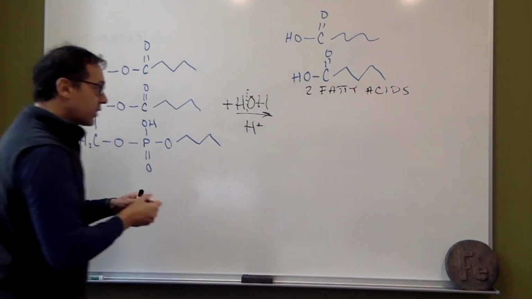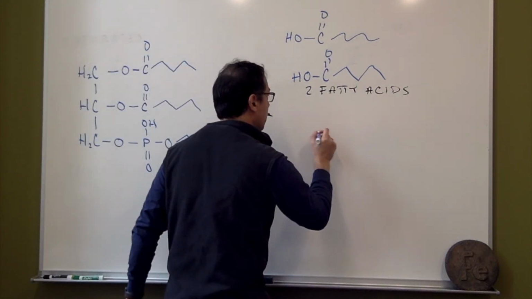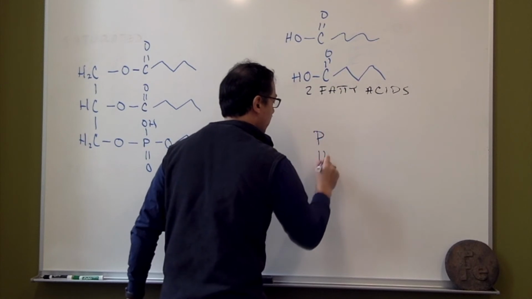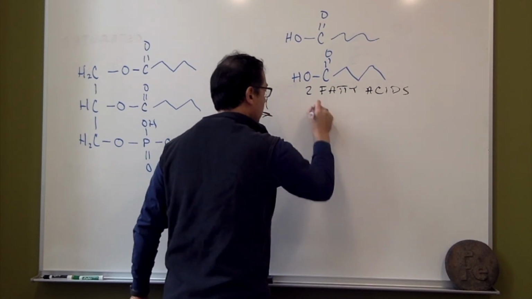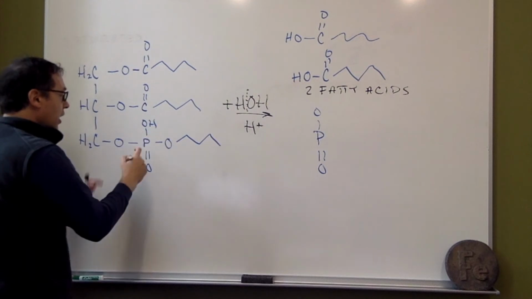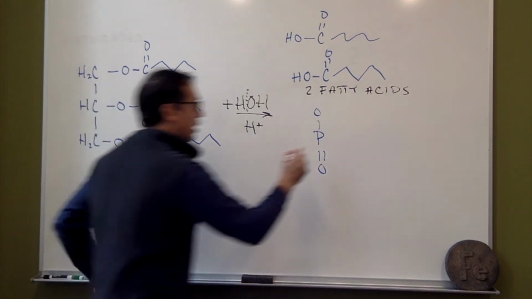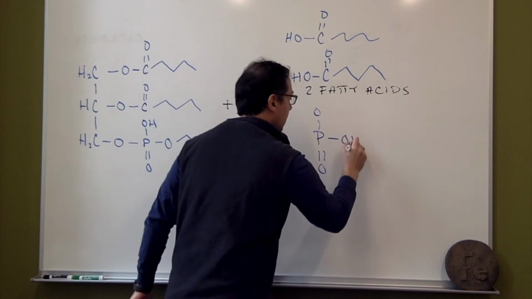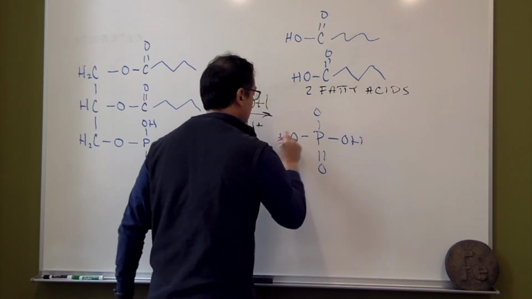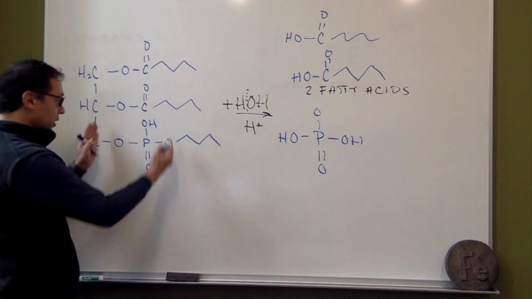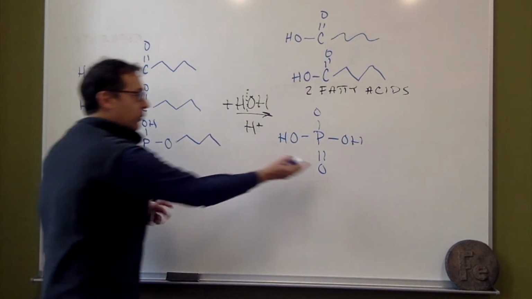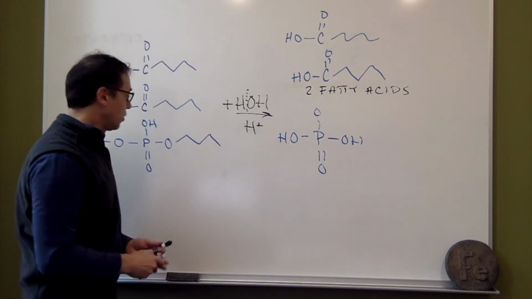So that's going to give us our phosphate, with a double bond oxygen, just like that. And then we're adding water to it, so we're going to break apart this bond here, and we'll end up with OH and OH like this. What we'll end up doing is breaking these bonds here, and then we end up with this molecule here.